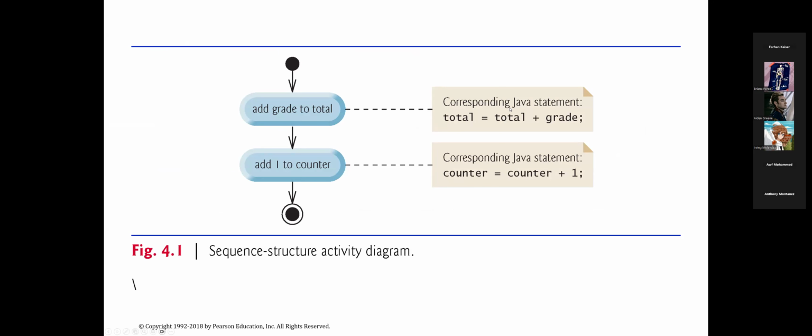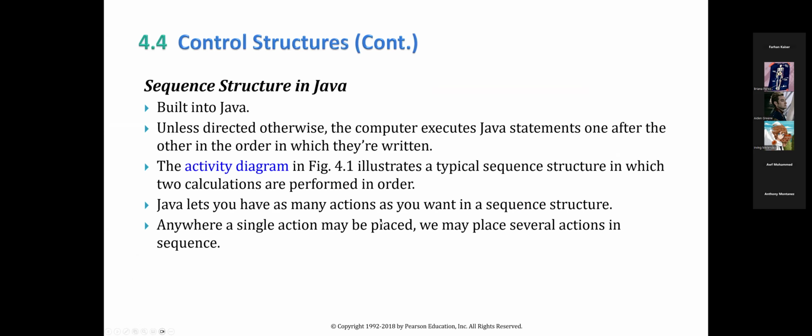It corresponds to a Java statement like total = total + grade. And then we add 1 to counter, corresponding to counter = counter + 1. And then we use a bullet with a circle to indicate the end. Java lets you have as many actions as you want in the sequence structure. Anywhere a single action may be placed, we may place several actions in sequence.